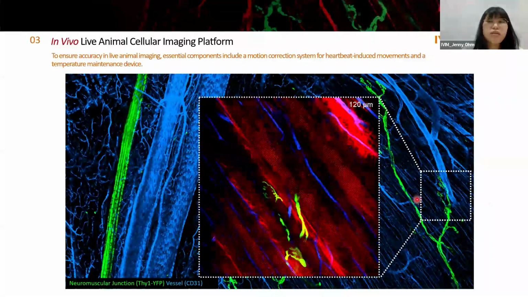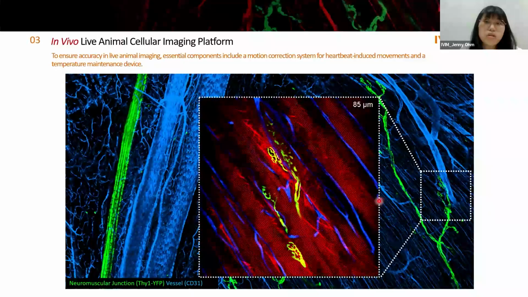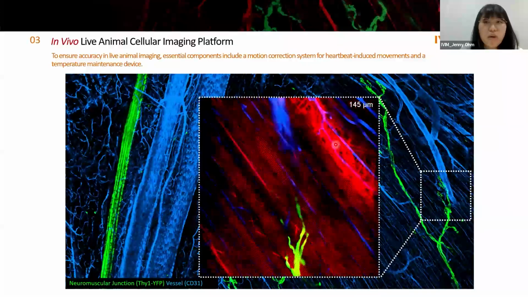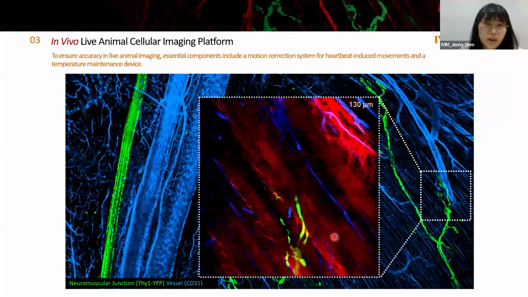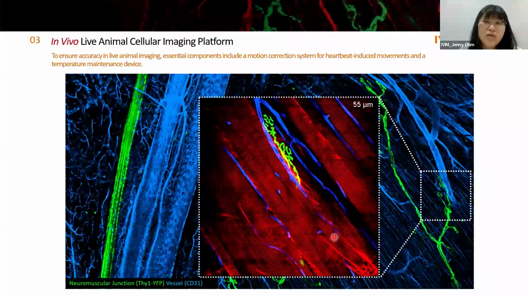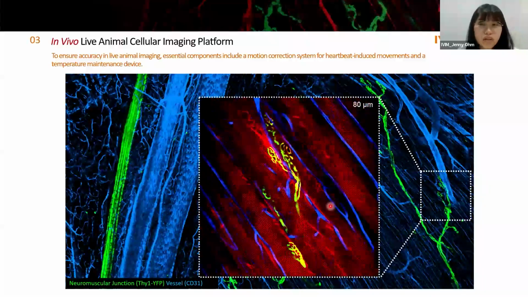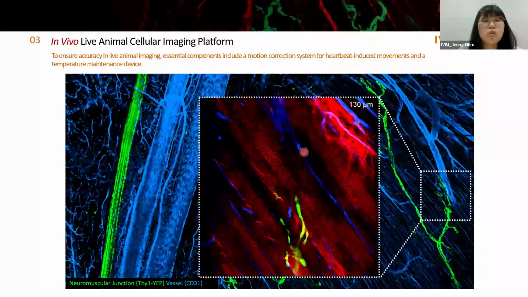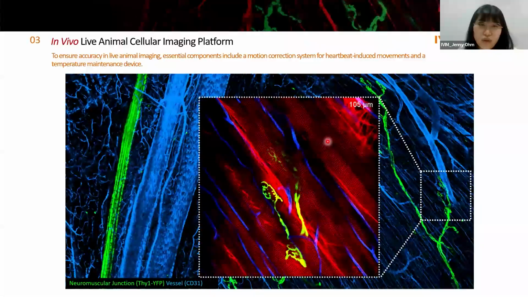So without need of another in vivo labeling step, we could successfully observe the actin-myosin structure by utilizing the second harmonic generation signal that naturally occurs when using a two-photon laser. And for this image here, we use a 920 nanometer wavelength two-photon laser.